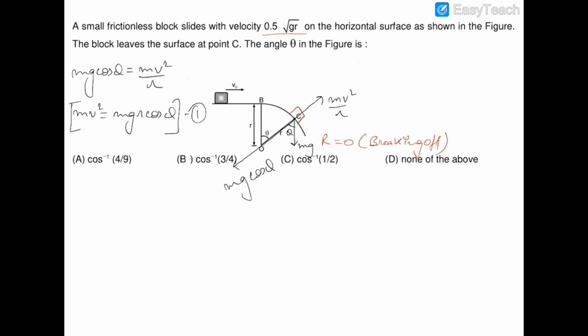Now we can find out the second equation by balancing the energy, and therefore this height is h, which is equal to r minus r cos theta. So h is equal to r into 1 minus cos theta, and therefore this initial energy at position B is equal to the kinetic and the potential, and I am considering C as ground.